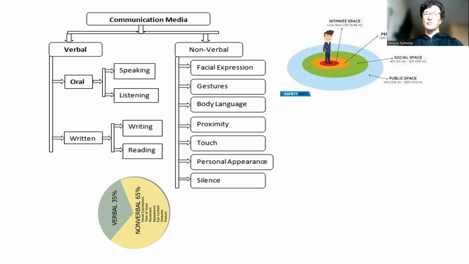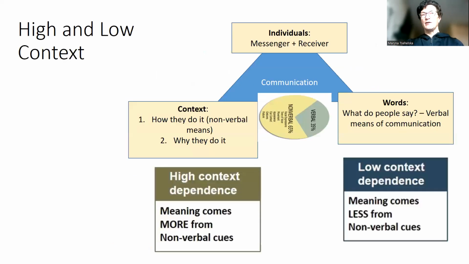Communication can be verbal, and communication can be non-verbal, and very much our communication is based on what our cultural dimensions are, like what the dimensions of the culture that we belong to are.